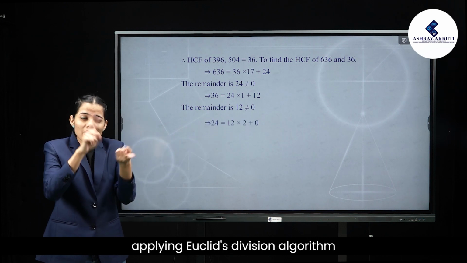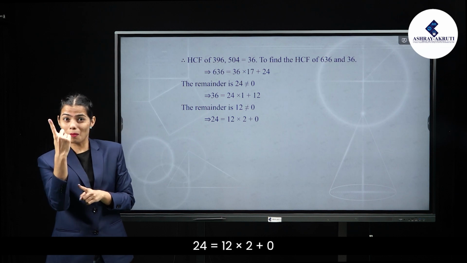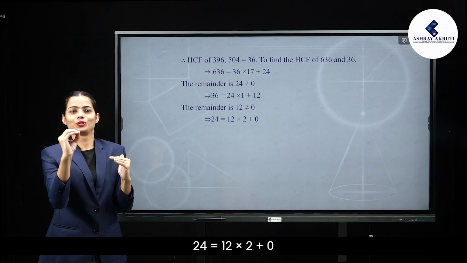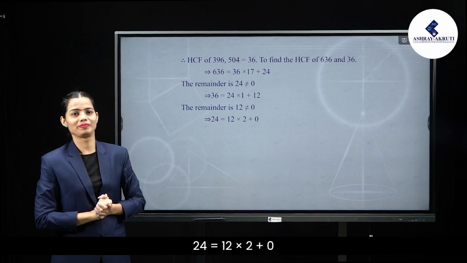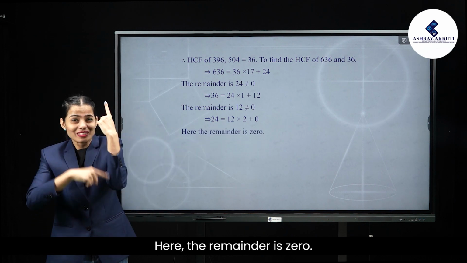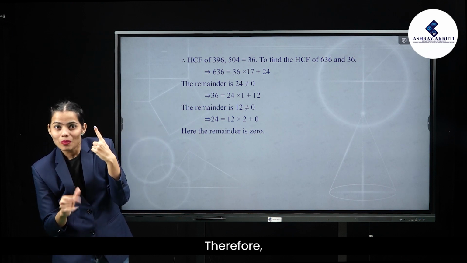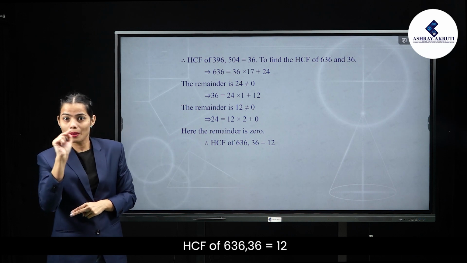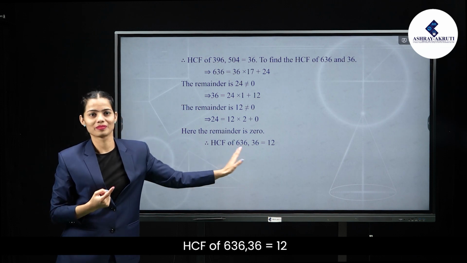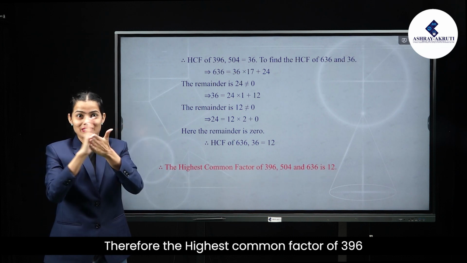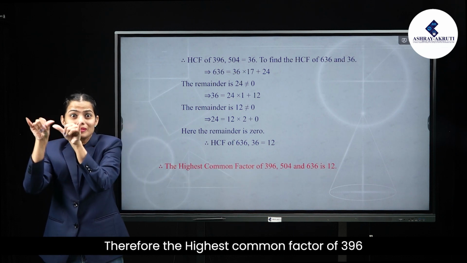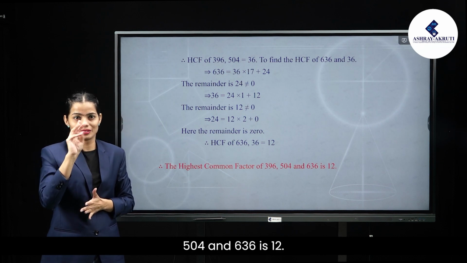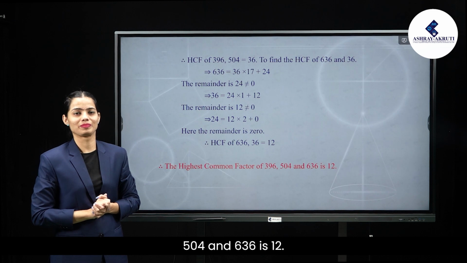Again, applying Euclid's division algorithm, 24 = 12 × 2 + 0. Here, the remainder is 0. Therefore, HCF of 636 and 36 is equal to 12. Therefore, the highest common factor of 396, 504 and 636 is 12.